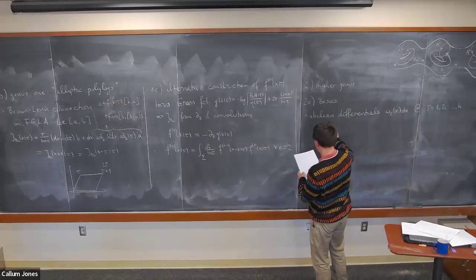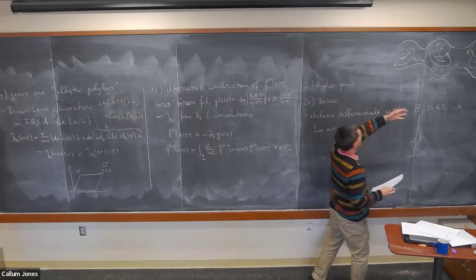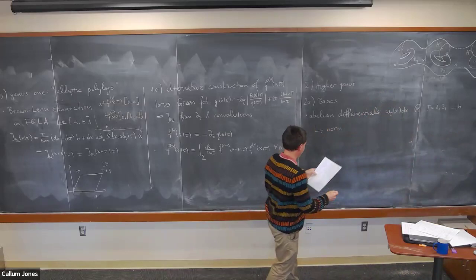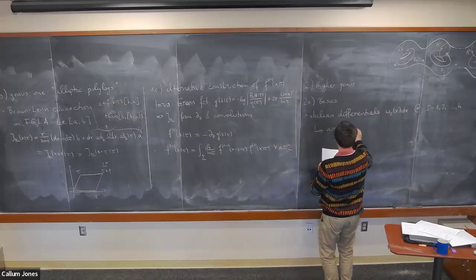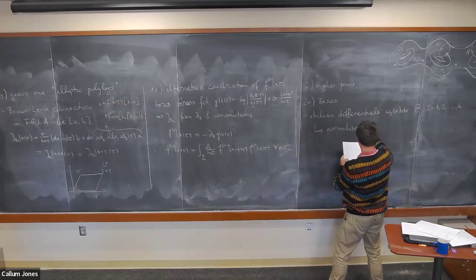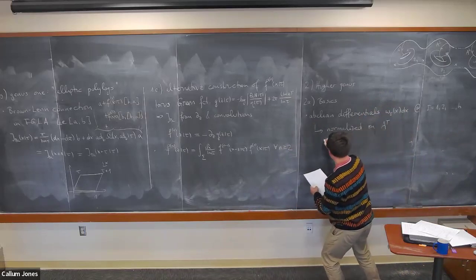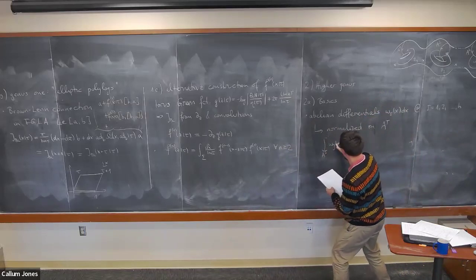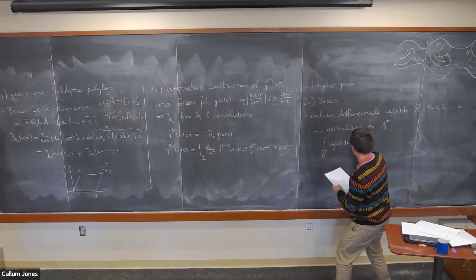One typically makes a basis choice that resonates with the cycles above. Let's say we normalize them on the A cycles in the sense that the integral over the A cycle of omega_j is a Kronecker delta.